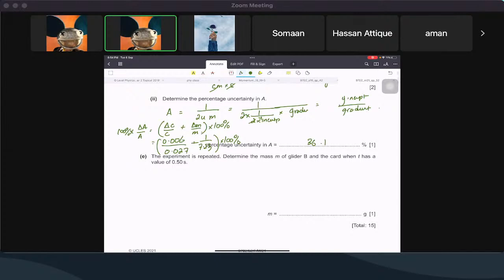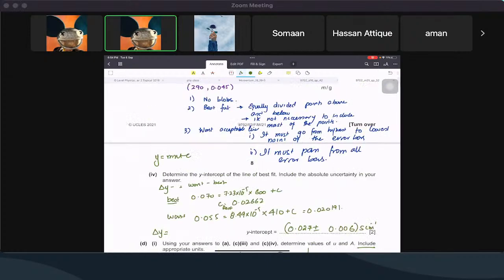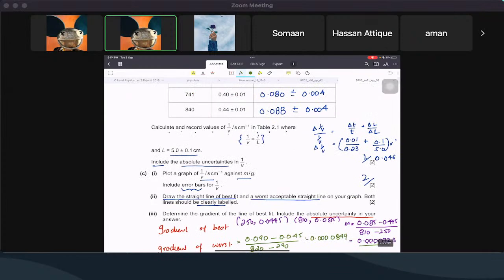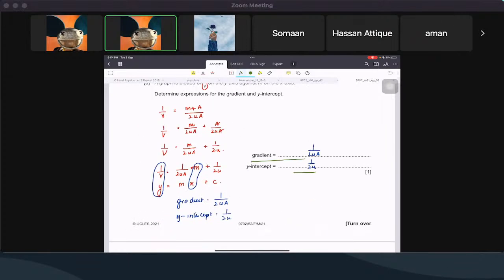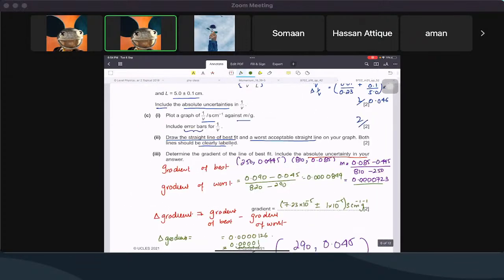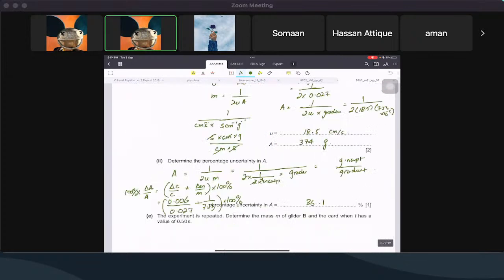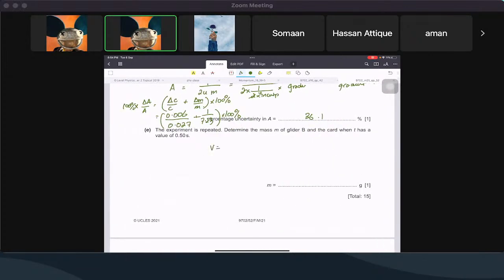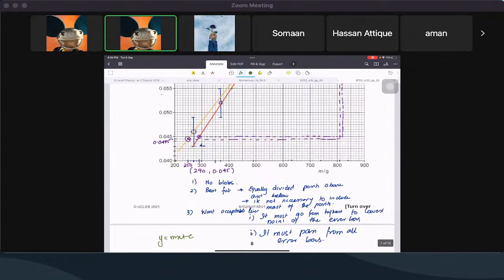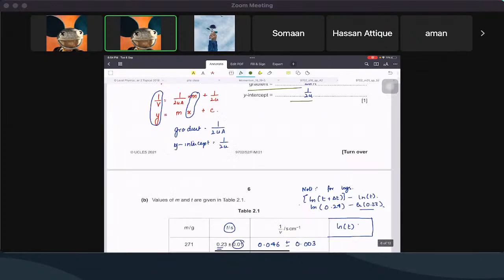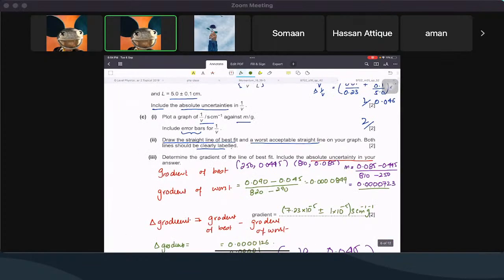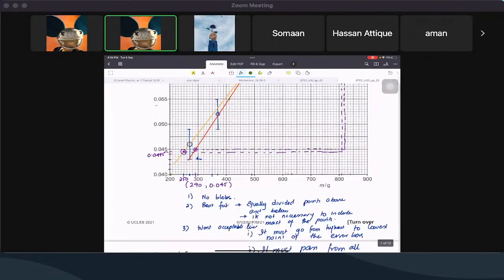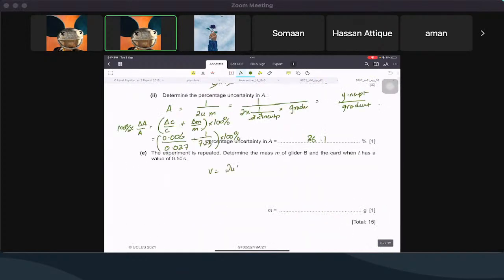We go back to the main equation that they gave us, which was V equals 2UA over M plus A. What do they need?